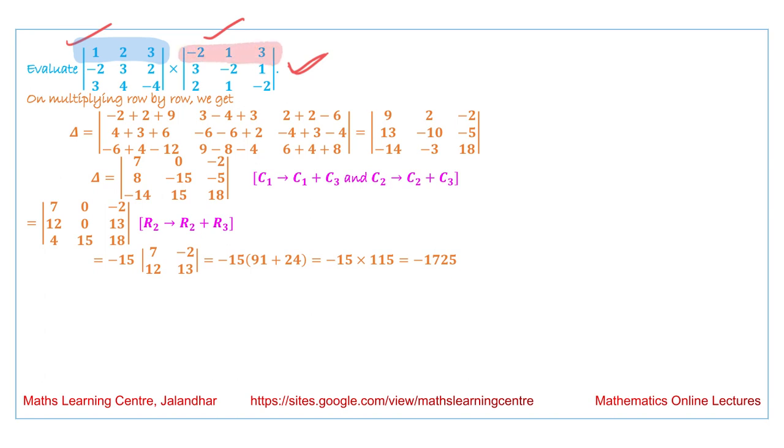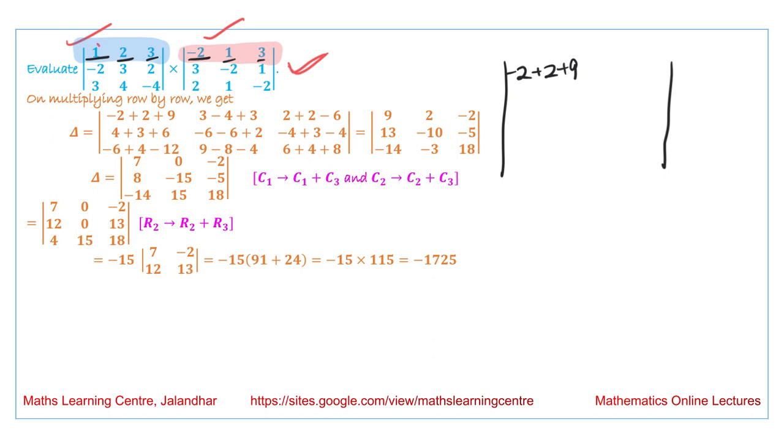So when we multiply these values, the answer we are getting is 1 into minus 2, it is minus 2, then 2 into 1, it is 2, then 3 into 3, it is 9.